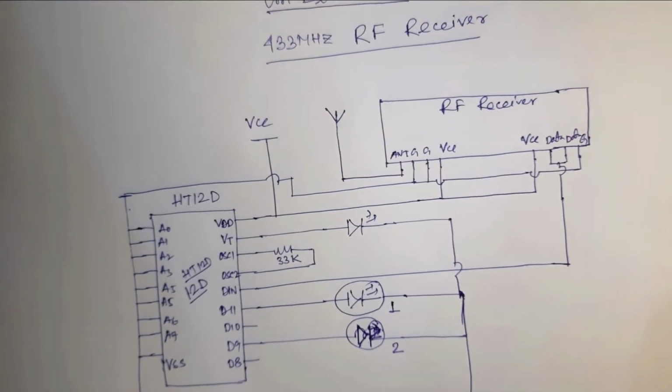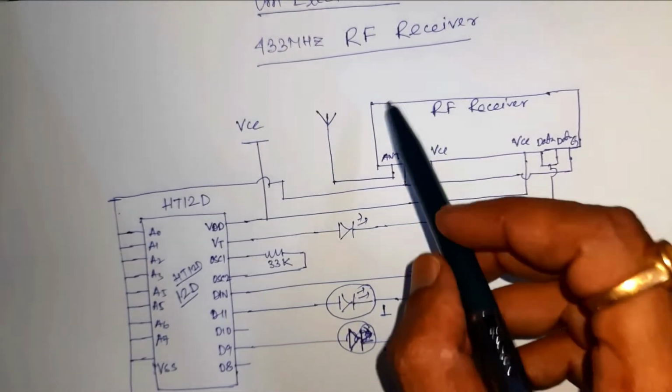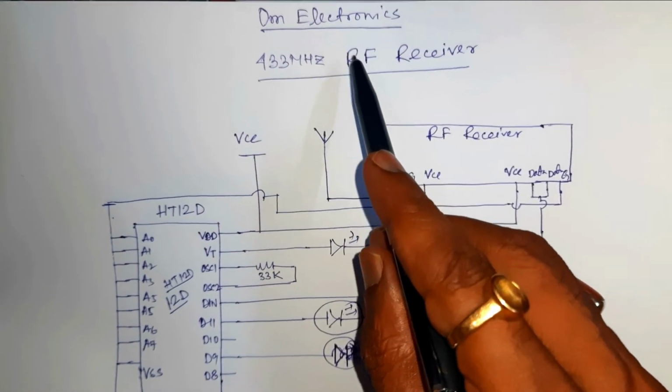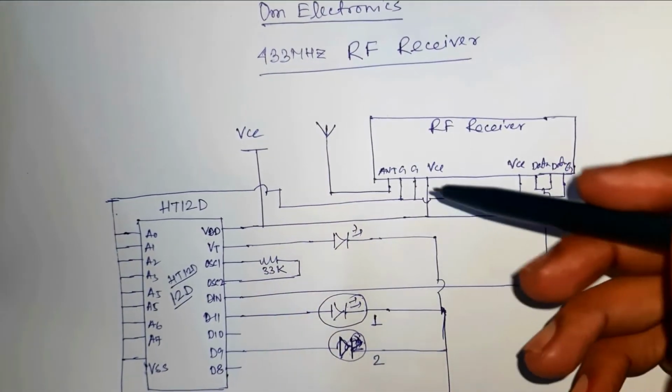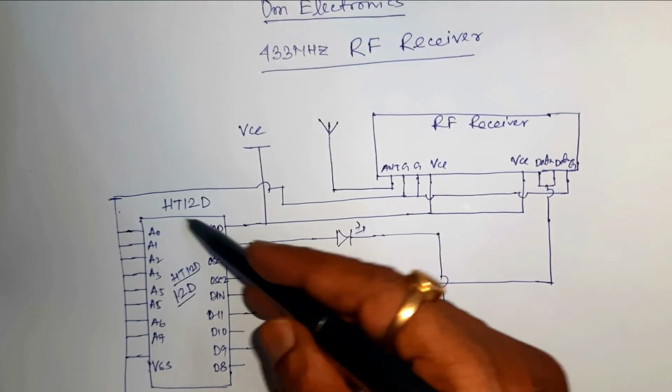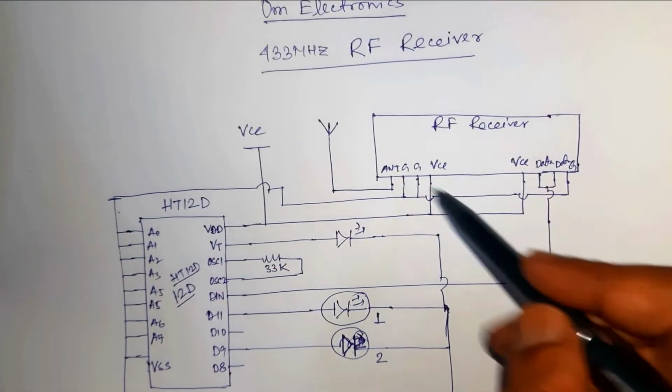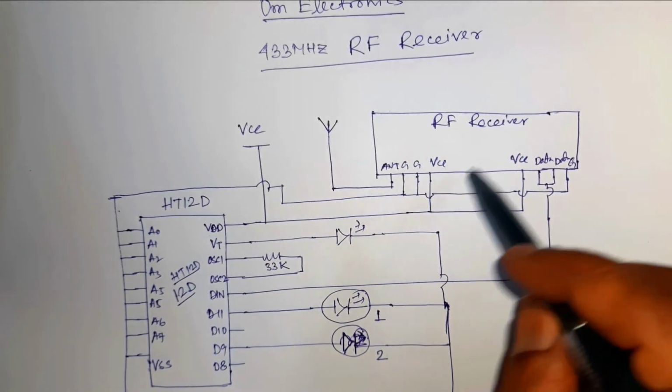So this is the RF receiver circuit, that is the 433 MHz radio frequency receiver circuit. Here we have used the decoder IC, that is HT12D, and this is the RF receiver module.